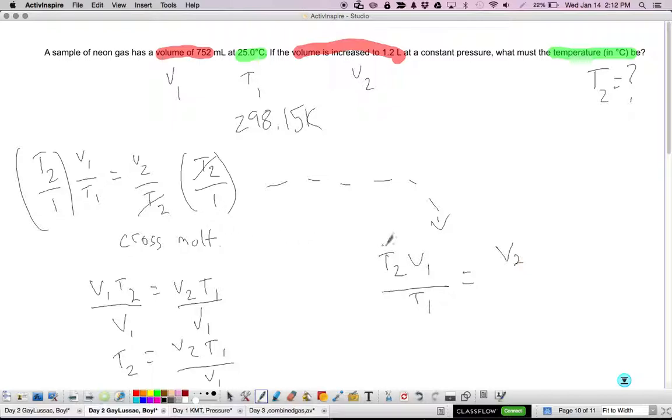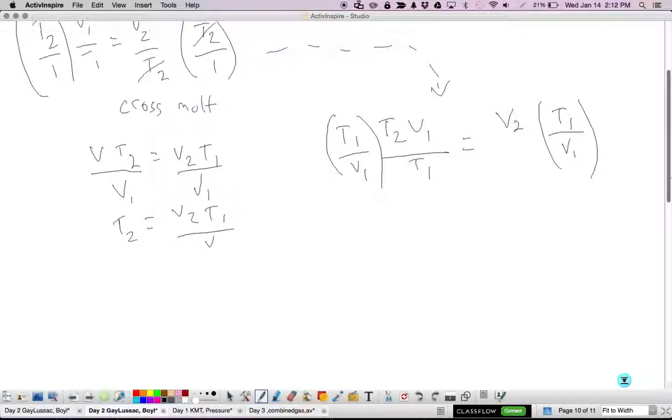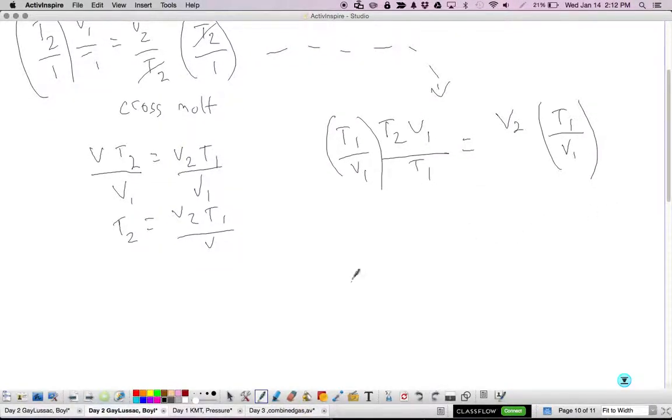Okay. Now I still need to isolate T2. So this time I'm going to multiply both sides by T1 over V1. Okay. So now, there go my T1s, there goes my V1. I'm left with T2 equals V2 T1 over V1, which is exactly what I got over here.